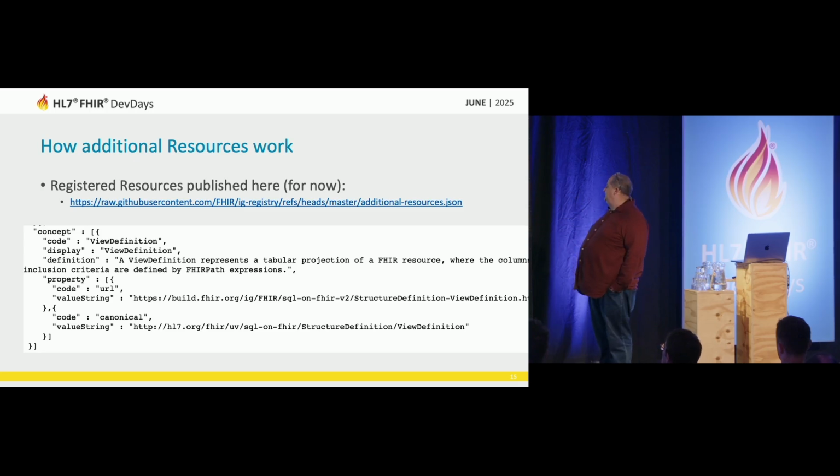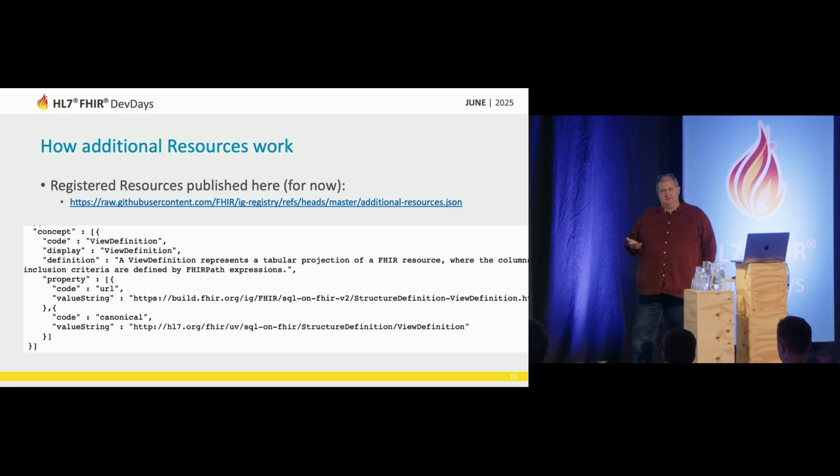View definition has a definition: a tabular projection of a FHIR resource, column inclusion criteria are defined by FHIRPath expressions. This is being worked up by the SQL on FHIR project. It will eventually become a resource. That's the plan. And you see that it has two properties: the URL where the definition can be found, and the canonical, the formal identifier for the resource.